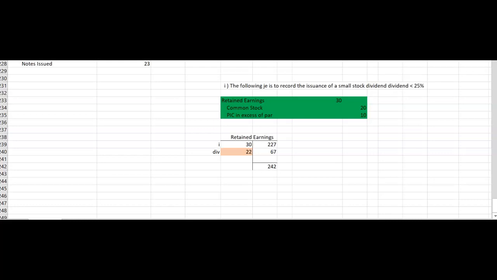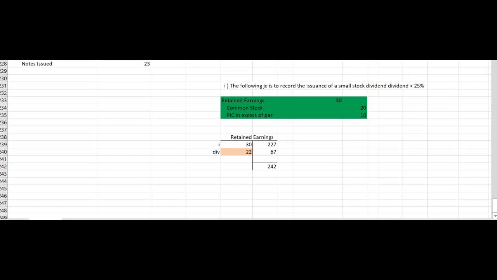In the section they gave us information. In February, Arduous issued a 5% stock dividend, which is considered a small stock dividend of 4 million shares. The market price was 4 and the market value was 7.5.